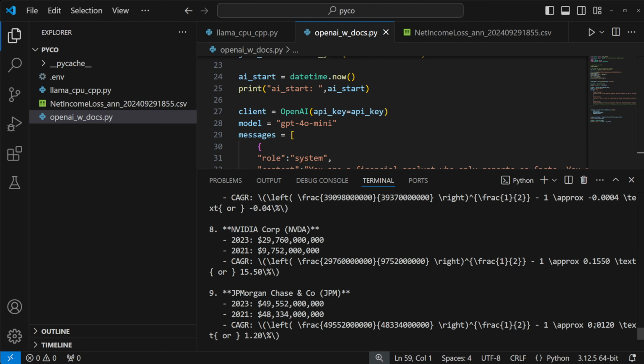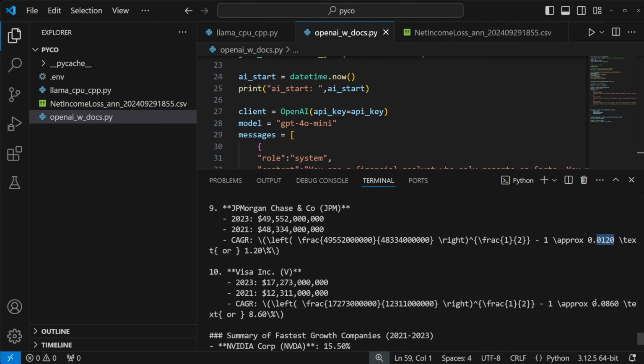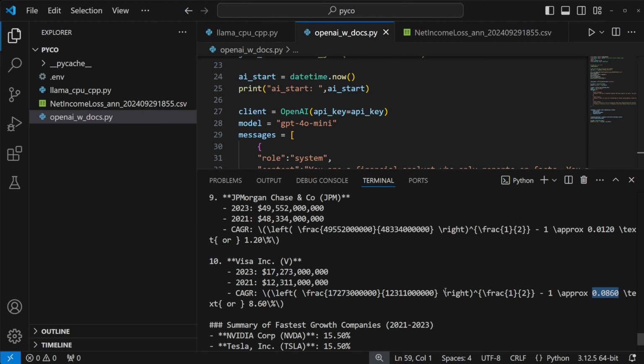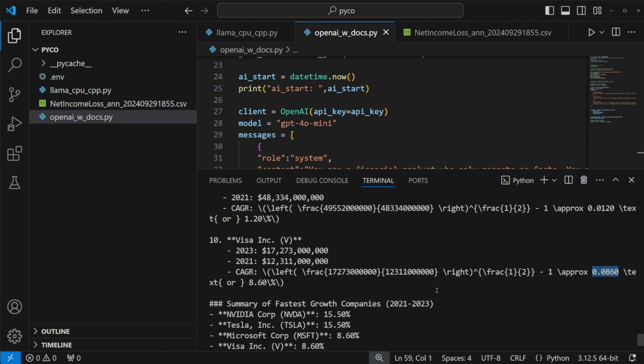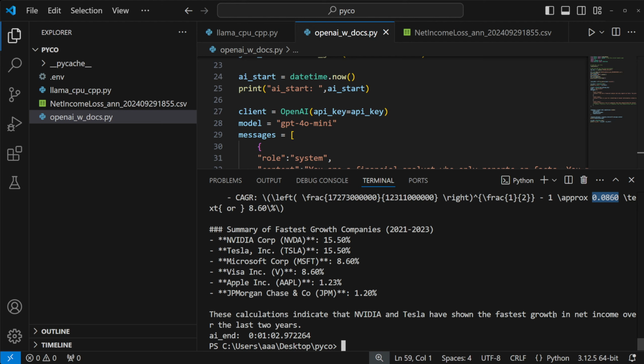JP Morgan, stagnant. Visa, up 8.5%. Again, CAGR over 3 years. It's interesting how it found these to be the fastest growth rate companies.